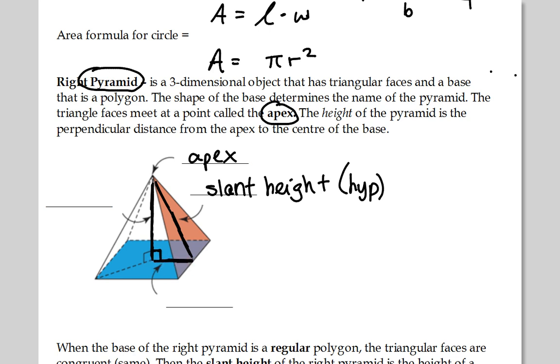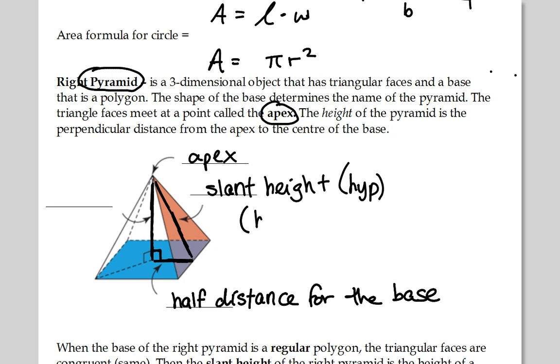So that would be some half distance for the base. We're going to be doing some Pythagorean theorem inside these pyramid questions to solve for the slant height. Because the slant height is the height for the two-dimensional triangle.